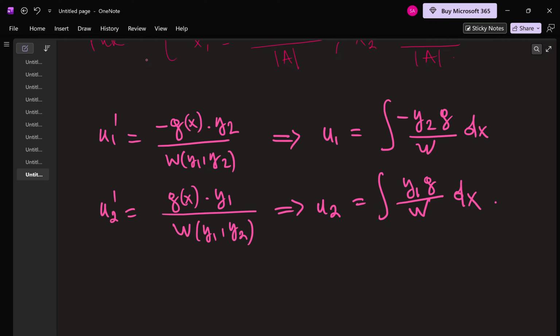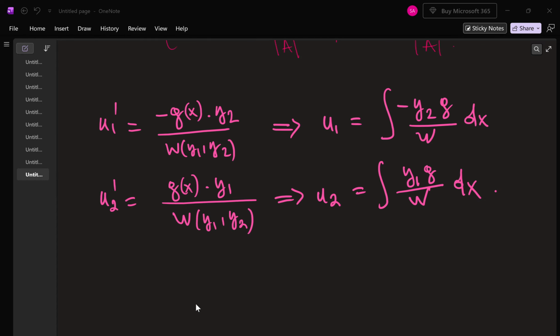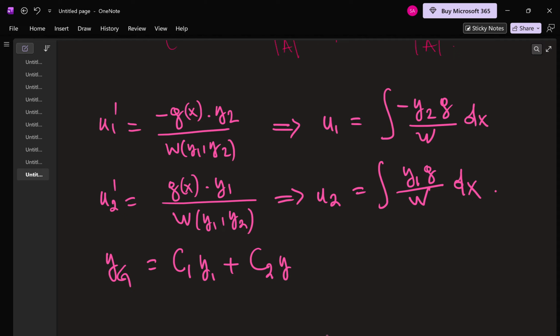So, next, the final step is now to replace. So the general solution is equal to the homogeneous solution, which is C1 times y1 plus C2 times y2, plus the particular solution yp.